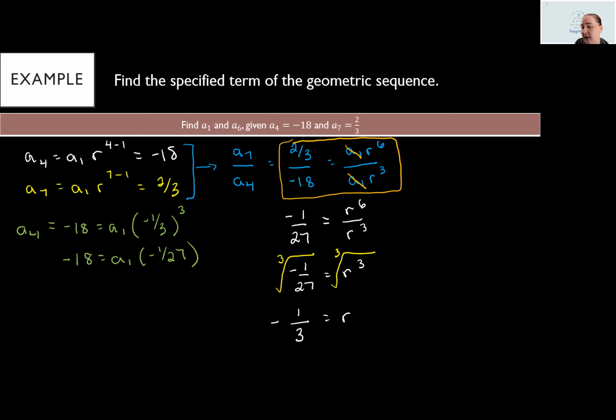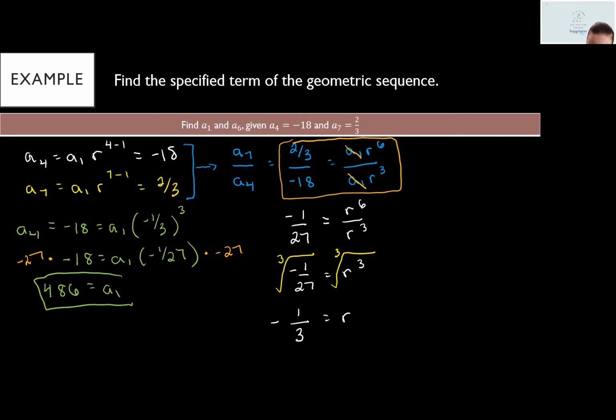Multiply both sides by -27, and I can get A1. So -18 times -27, 486. So we have 486 is equal to A1.